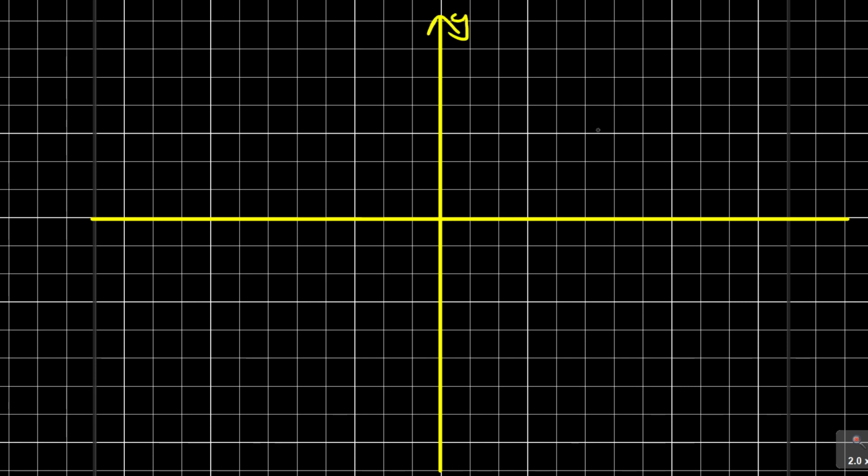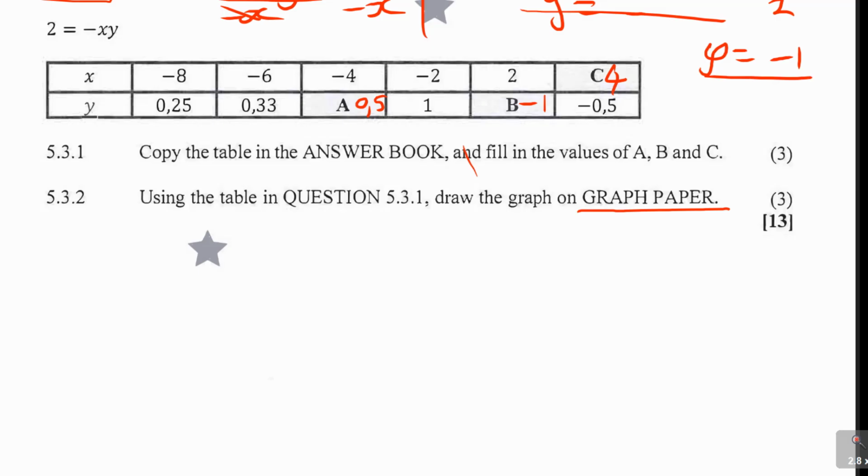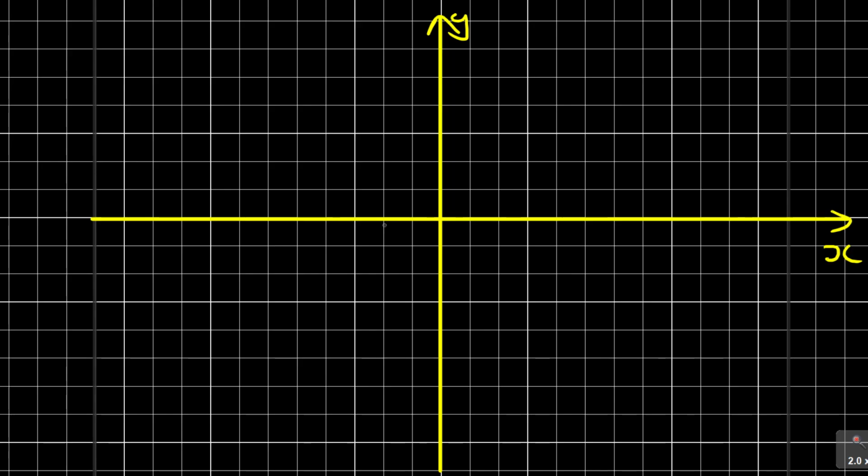Do this y and x, and then you look at the numbers to say you are moving x is -8, that's the biggest value of x, and up to +4. So when you come here, you're marking the 2, 4, 6, 8 negative, and then also you've got 2, 4, 6, but it was up to that.